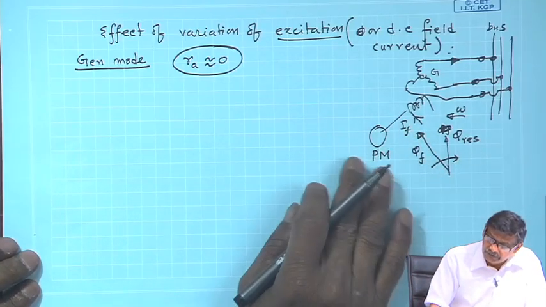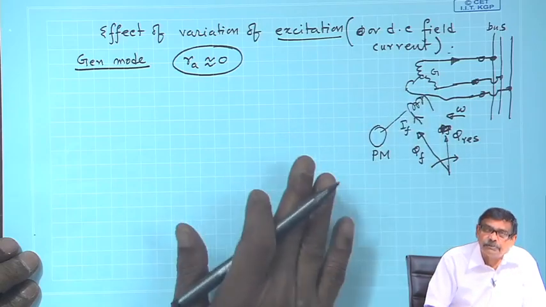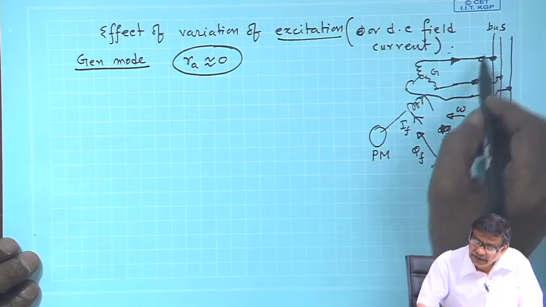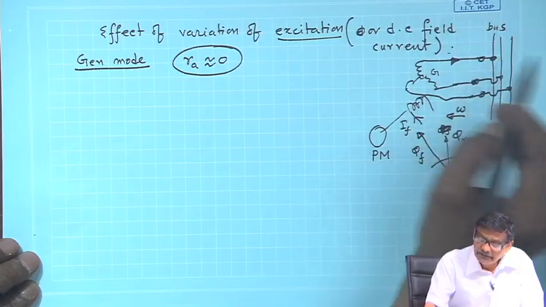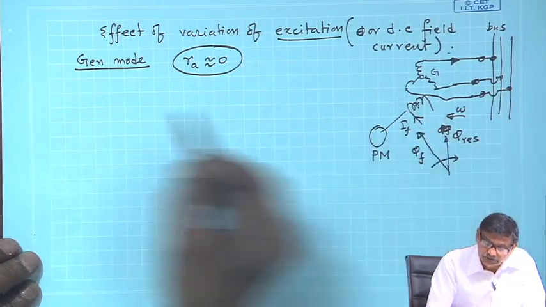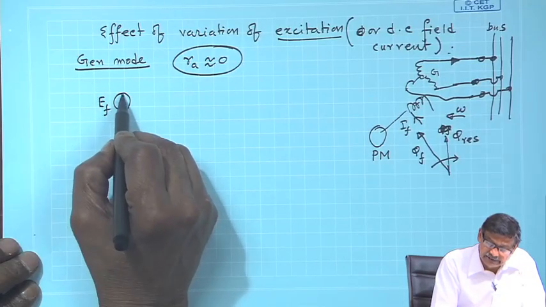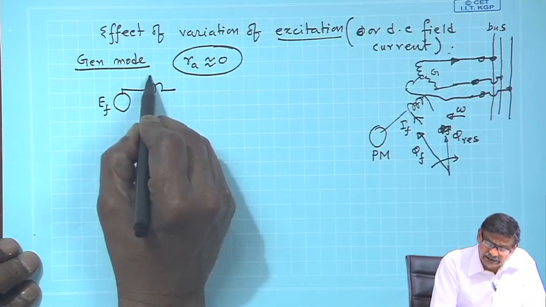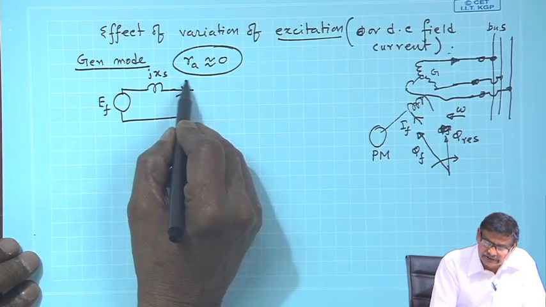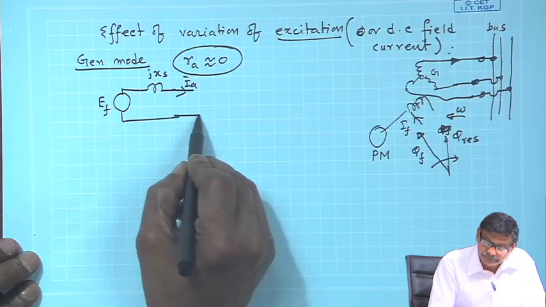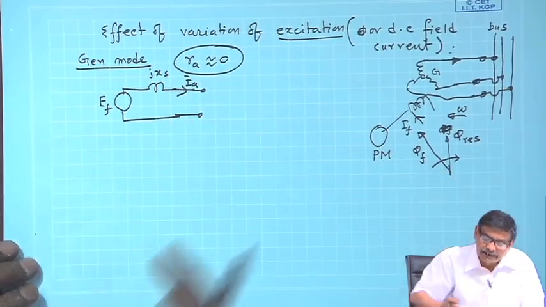Suppose for a given steam input, the real power input from the mechanical side is constant, or I will assume that in that case the output power delivered to the bus will also be constant. So, the per phase circuit diagram is this, and I will assume only jXs is present, and it delivers a current IA. One may wonder where the load is if it is supplying lagging power factor.